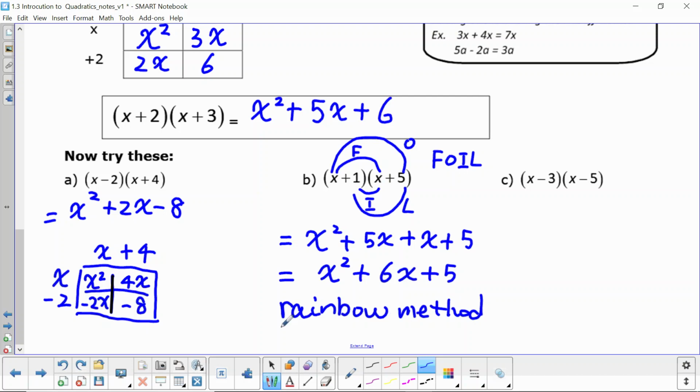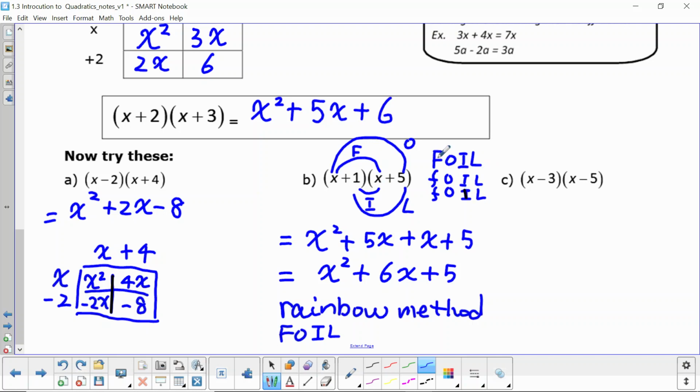So this method, we call it the rainbow method or FOIL, F-O-I-L. F represents first, O is outside, I is inside, and L is last.